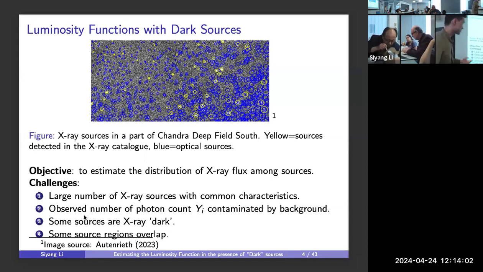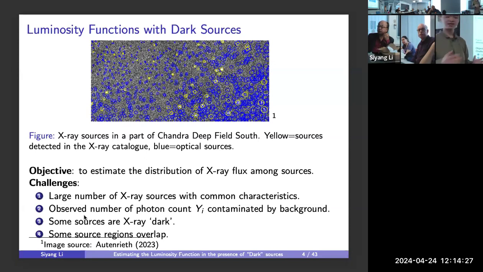And the third astronomical problem is that, as you can see in this picture, lots of the X-ray sources can be dark. And the fourth problem is that there can be lots of overlaps between the regions where we detect the X-ray photons for each source.